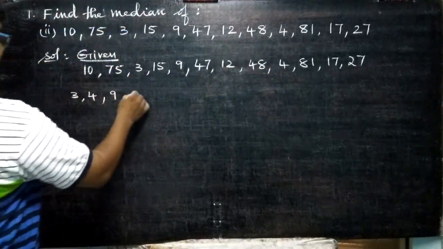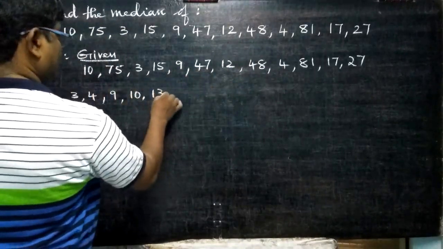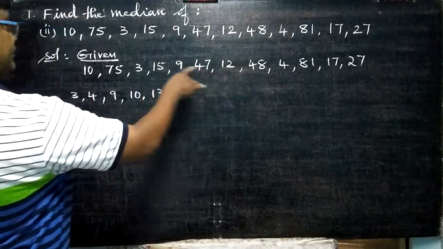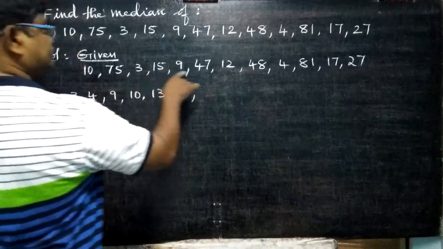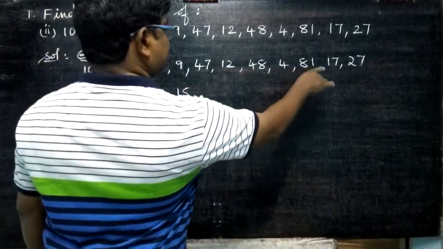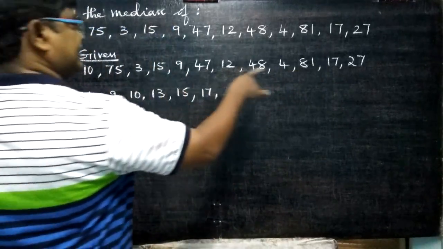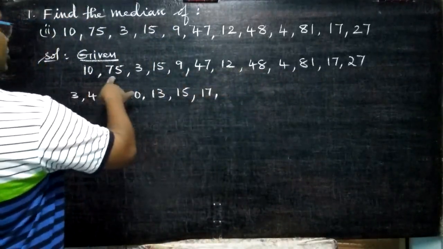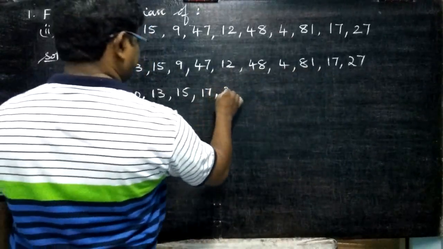Next come to 10, 11 is not there, 12, 13 and 14 are not there, 15, 16 is not there, 17 is there, 18, 19 and 20 are not there. Come to the 20s: only 27 is there.